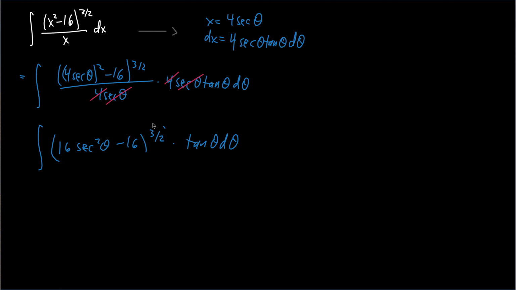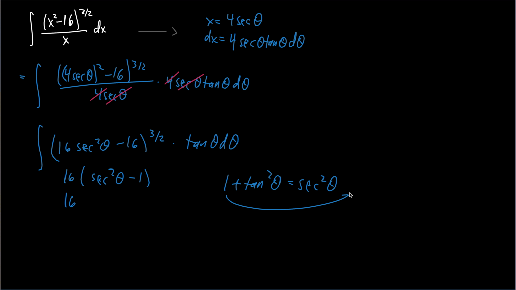Tackling this, I'm going to pull out the 16 first as an intermediate step: 16 times (secant squared theta minus 1). What's secant squared minus 1? Well, remember 1 plus tan squared equals secant squared, so secant squared minus 1 equals tan squared. So we're looking for tan squared there.